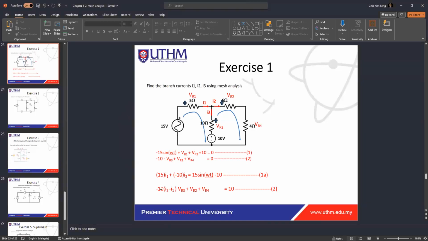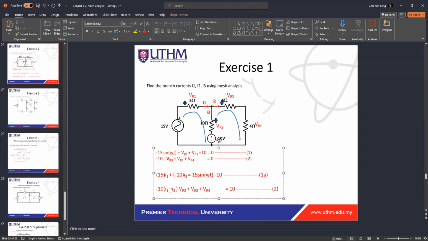Actually this will be incorrect. Why? Because we already defined our VR3, so we actually need to maintain how we get a positive VR3. That means the current I1 flows in, and minus I2.